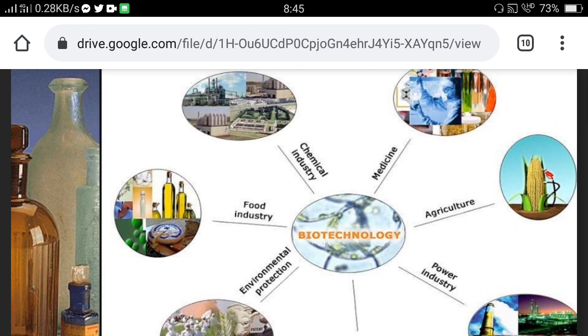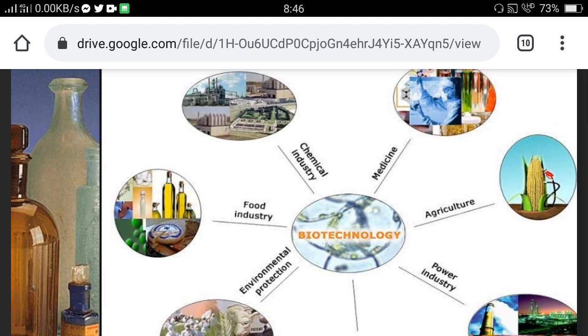Now see the different fields where we use biotechnology for the benefit of human beings, like in the field of medicine. Whatever the important medicines available nowadays, that is produced through biotechnology. Next is agriculture.